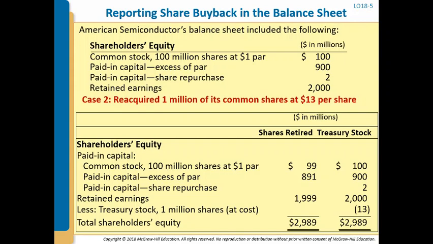In the case of a retirement, you're simply going to reduce your common stock by 1 million, your paid in capital by 9 million. You reduce your share repurchase, and the excess reduces retained earnings by 1. In treasury stock, we simply create this contra equity account, treasury stock, and report it at cost of $13 million.